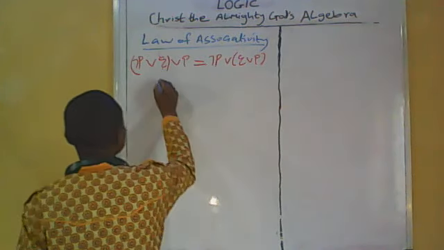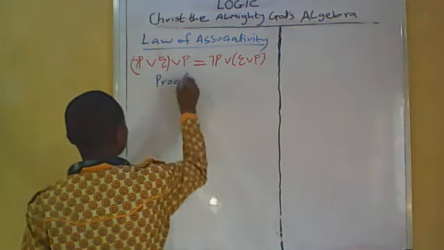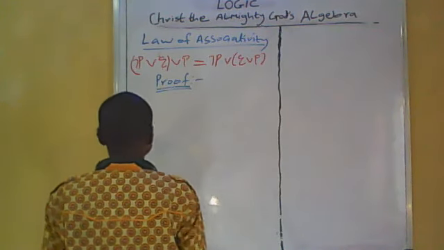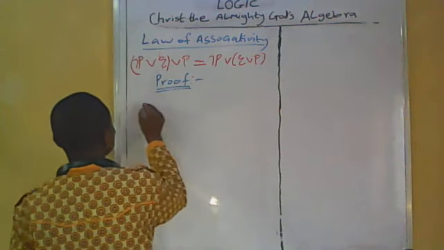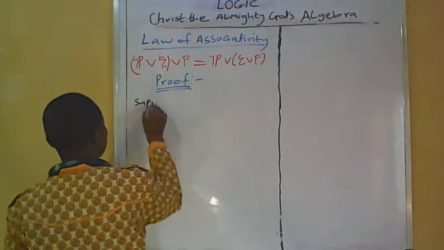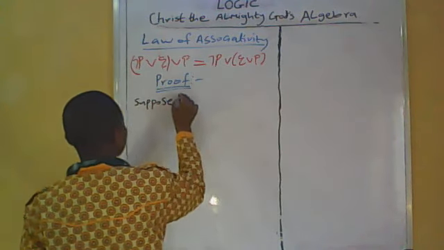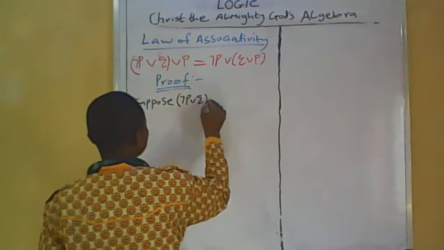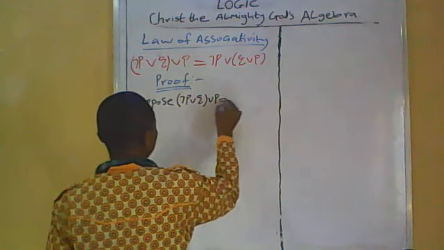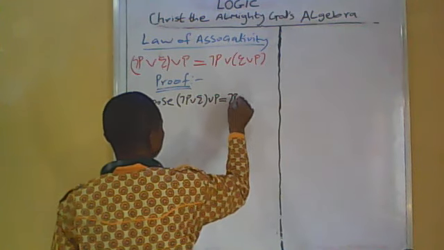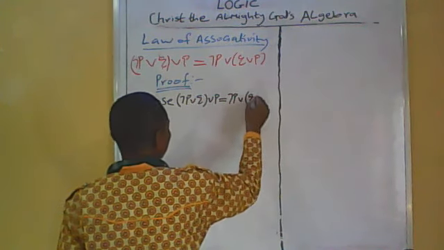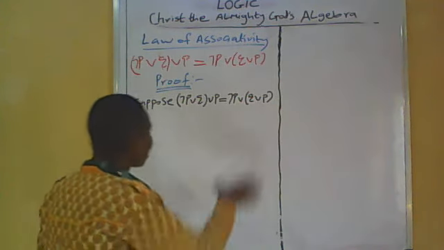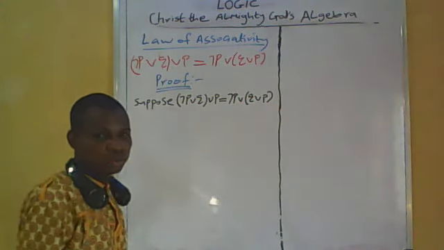So prove. Suppose bracket not P or Q or P is equal to not P or bracket Q or P. We assume that this statement is true.